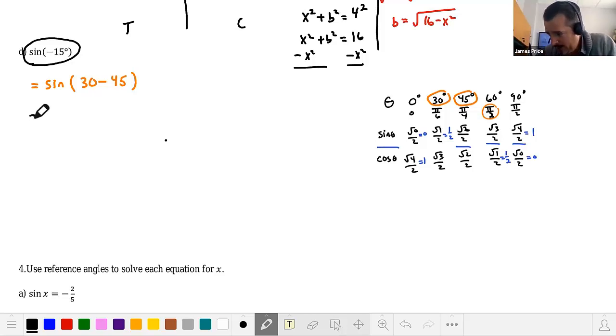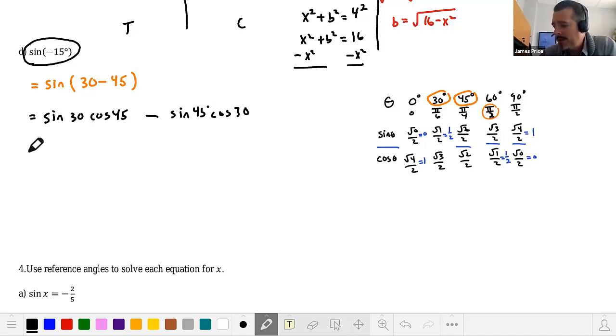So that's the same thing as equal to. Remember, sine has the same sign, so it's a minus here. And something's always different, right? Sine has the same sign, but something's always different. So it goes sine, cosine. So it's sine of 30, cosine of 45, and then sine 45, and then cosine of 30.